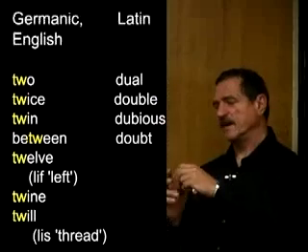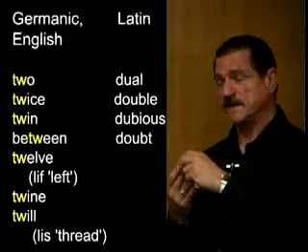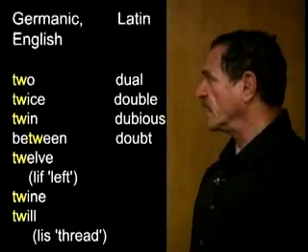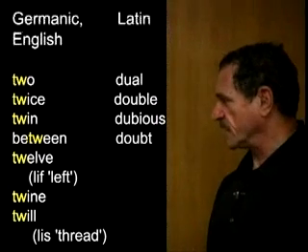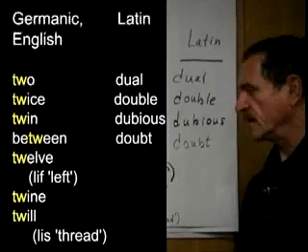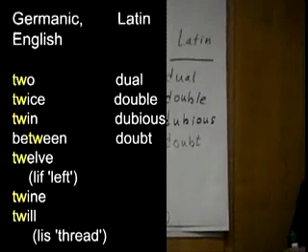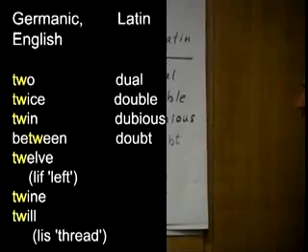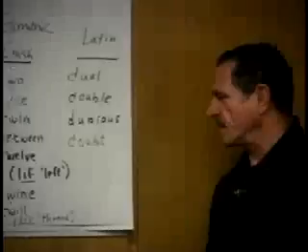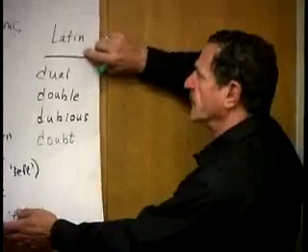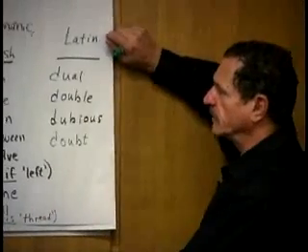The TW of twine refers to the twisting of the fibers that make up the twine, and perhaps even twist is an instance of that. And finally, twill, the weave involves two, where the L at the end goes back to a root LIS, meaning thread. All of those words are Germanic derived.